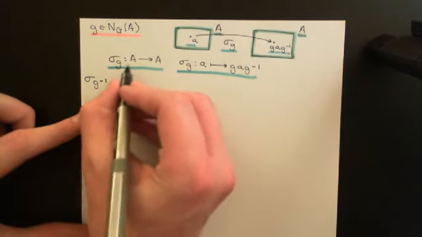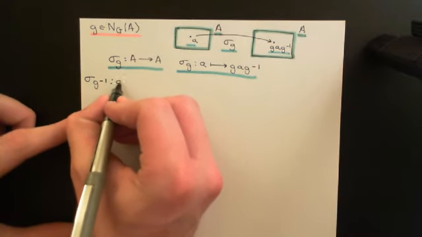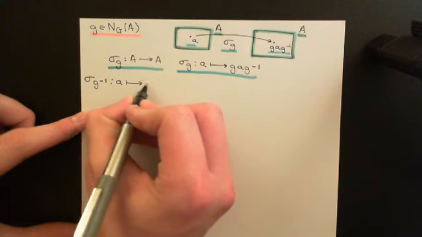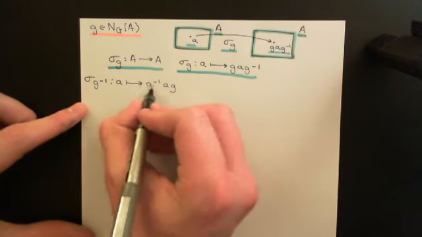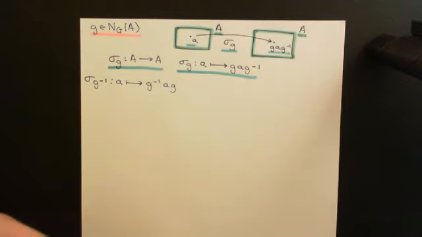Okay, so it will certainly act on all of the elements of the set capital A, and it will send them onto g inverse a g, so the g inverse conjugate of little a.